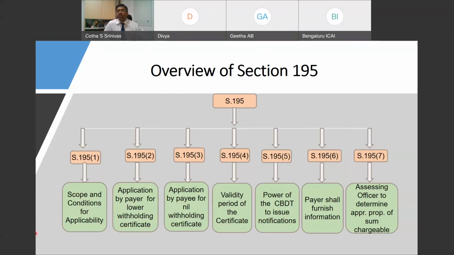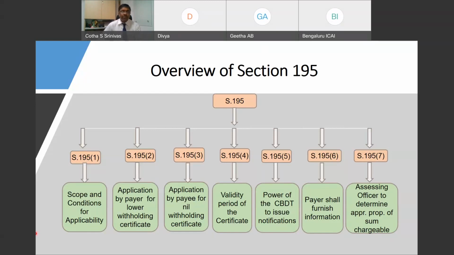I said the payer can also apply under section 195(2). 195(3) is where the payee can apply for a nil withholding certificate. 195(4) and 195(5) are procedural things. 195(6) talks about the payer furnishing information. That information is in Form 15CA and 15CB. Then 195(7): the assessing officer determines the appropriate proportion of sum chargeable.